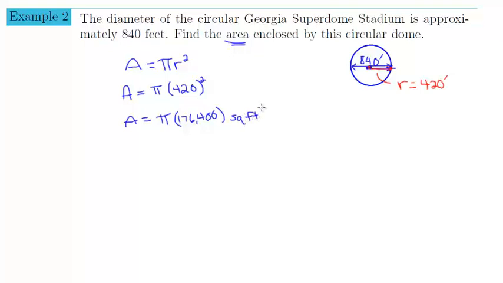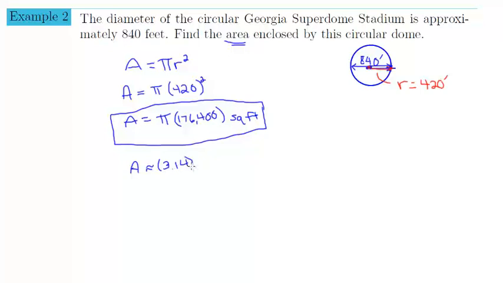Now, that is the exact area. It doesn't make a whole lot of sense to us if we're telling somebody the area is pi times 176,400 square feet. So if you want, you can find the approximation, and remember to do that. We're going to approximate pi with the decimal 3.14.